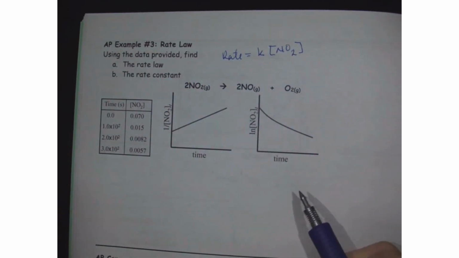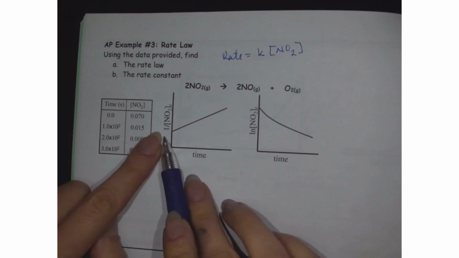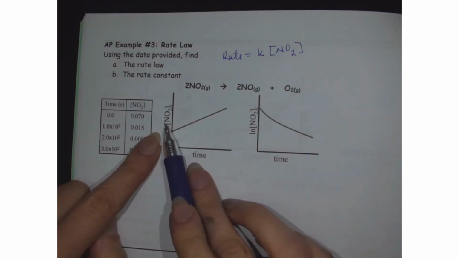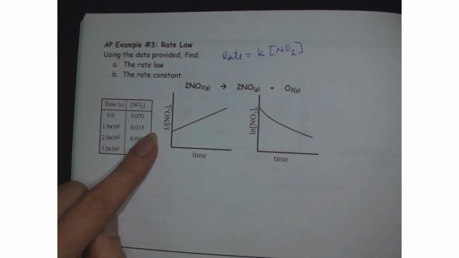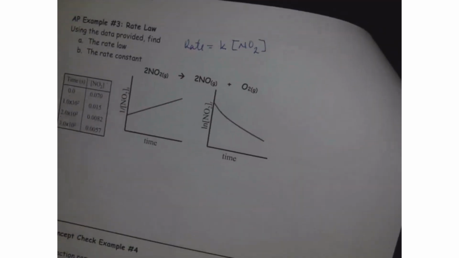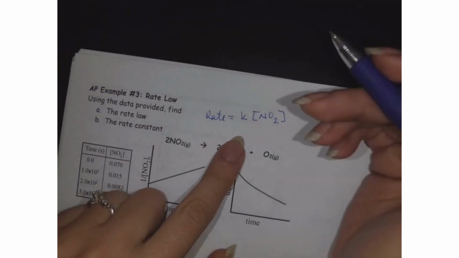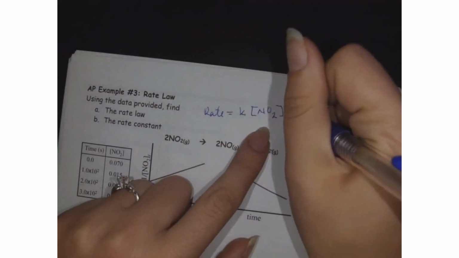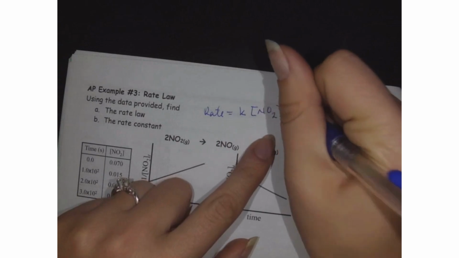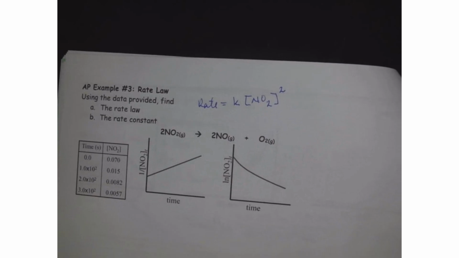So when I look at these graphs here, I go, oh, my inverse concentration versus time is linear. And that is the case when it's a second order reaction. So this must be rate is equal to K, concentration of nitrogen dioxide squared, that's the second order.